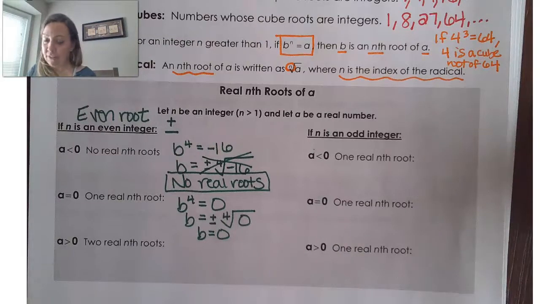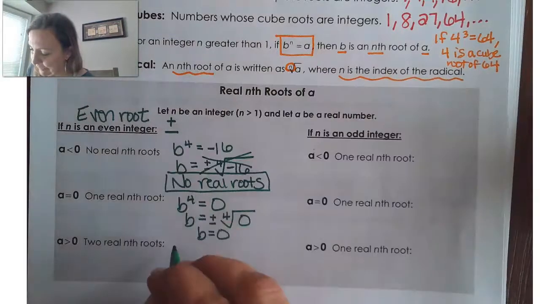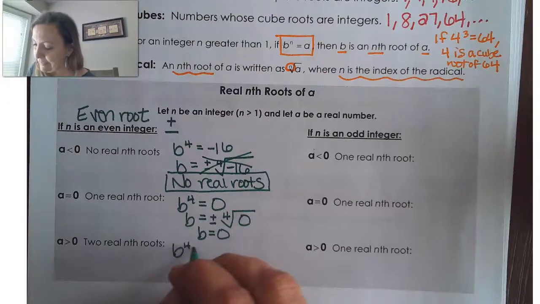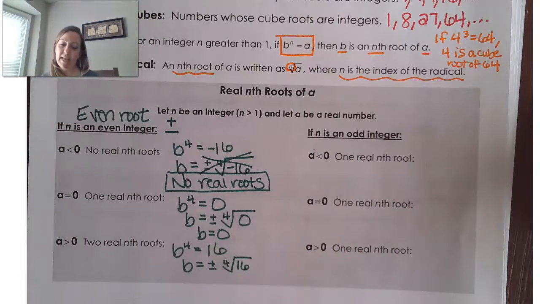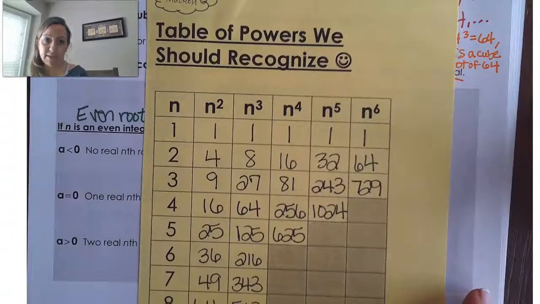Now, if our a value is positive, if we have something like b to the fourth equals positive 16, once again, what we'll do is take the fourth root of 16, since it's even, we have a plus or minus, and we would want to find what the fourth root of 16 is. This is where we're going to come back to our table of powers that we've been working on.